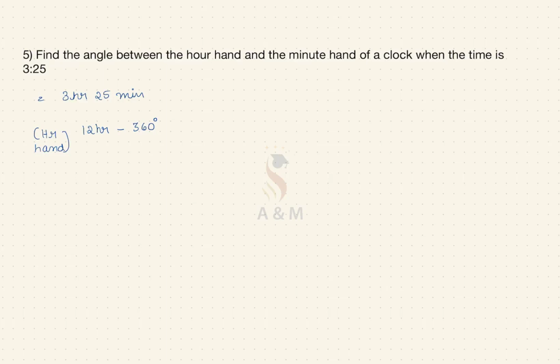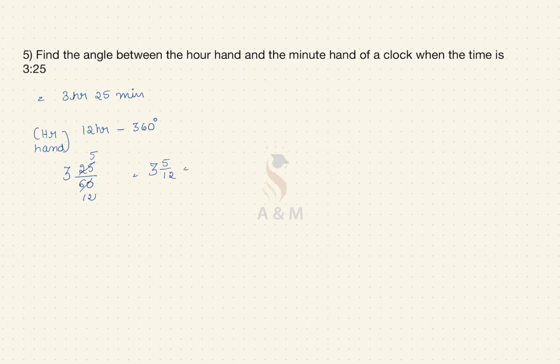Next, here they have given 3 hours 25 minutes. The 25 minutes is in minutes form, correct? You have to convert it into hours. So what do you need to do? Divide it by 60. 5 fives are 12 twelves, so it will be 3 5 by 12.